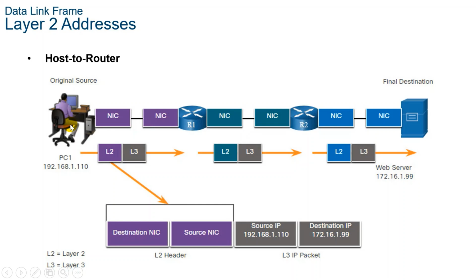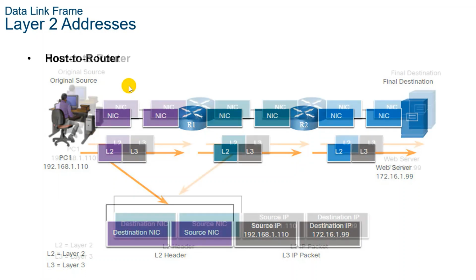In the frame header, the host adds its layer 2 address as the source and adds the layer 2 address of R1 as the destination. Take note that we are working only on this area here. So the host will put its source MAC address, and it will also place the destination MAC address, which is the MAC address of R1's interface connected to the host.